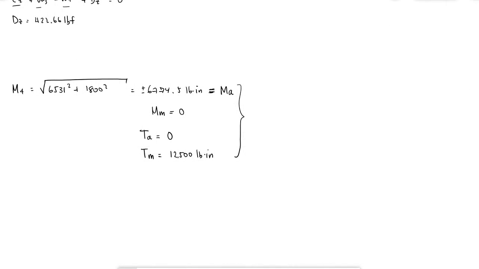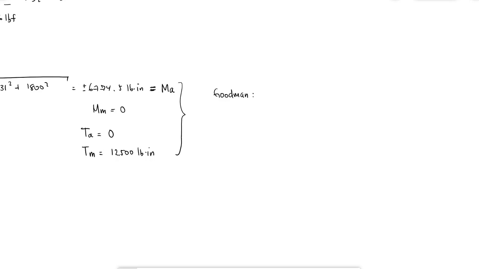So how do I use this? I go to whatever failure criteria I want to use. So let's say Goodman. I know that that shaft is under fatigue, and I have these values. And if you remember from the book, you have a capital A that was something like this.